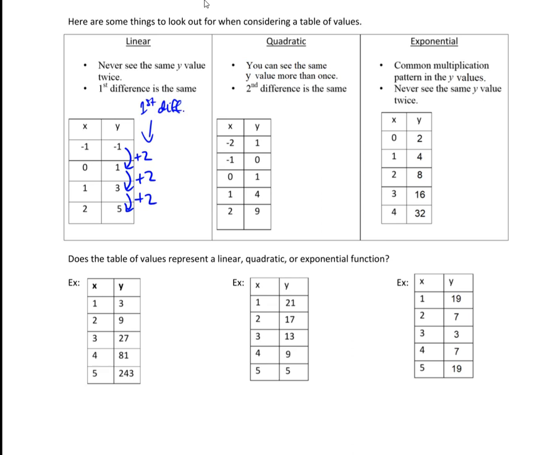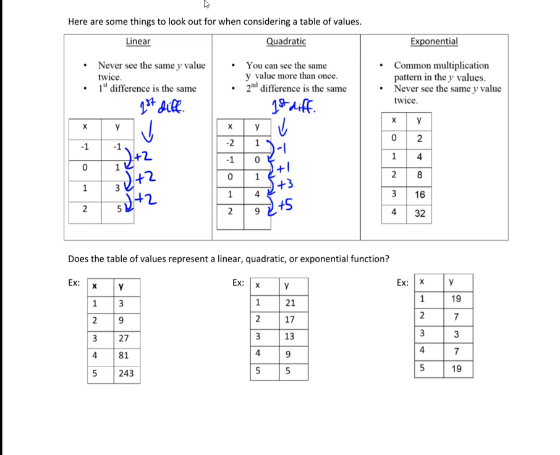So let's try to find the first difference between each of these numbers. Between 1 and 0, we'd be subtracting 1. Here we'd be adding 1. We'd be adding 3 here. And then we would be adding 5. So this is our first difference.